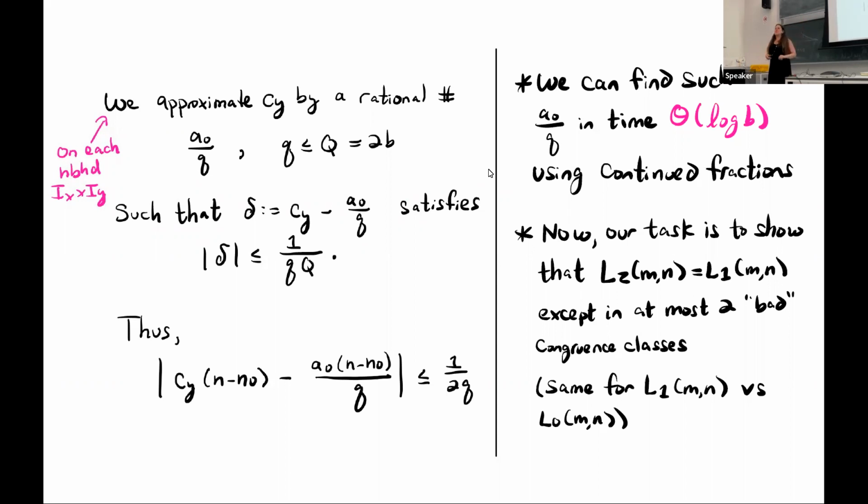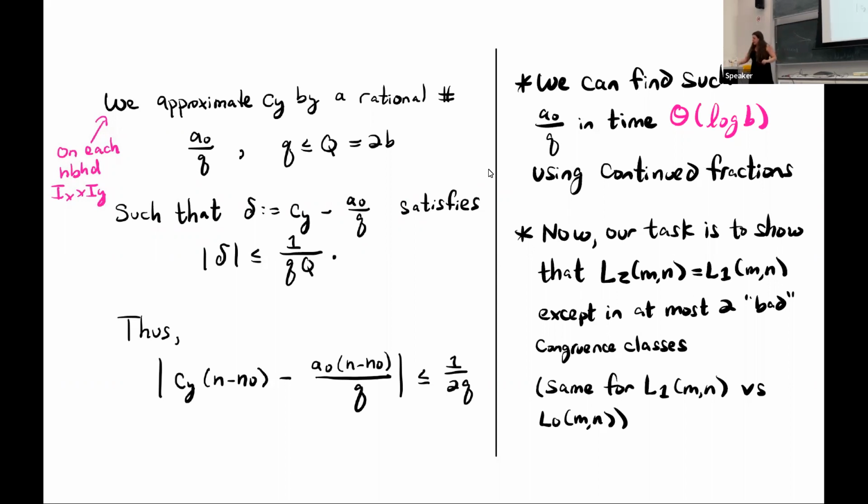I'm converting this to a problem mod q, and it turns out that the differences of these terms, L1 and L0, and L2 and L1, are exactly the same in all but at most 2 residue classes mod q. So we can throw out most residue classes mod q, and there are only a few cases, at most 2 residue classes, where these terms might actually differ from each other.